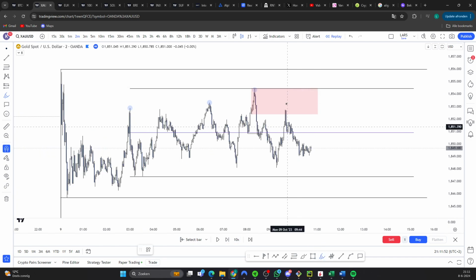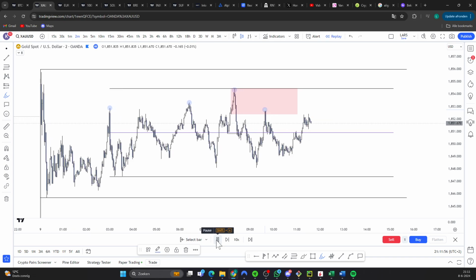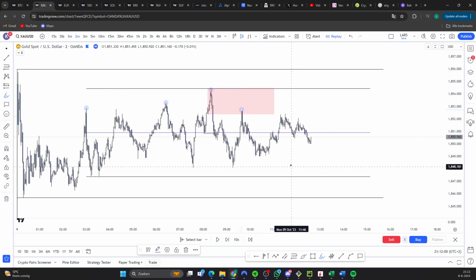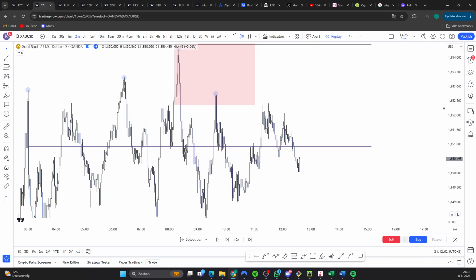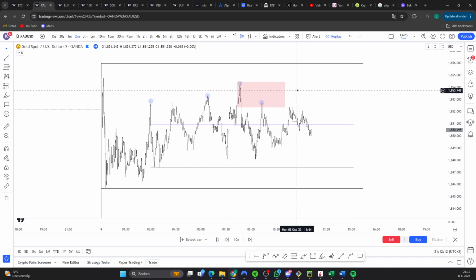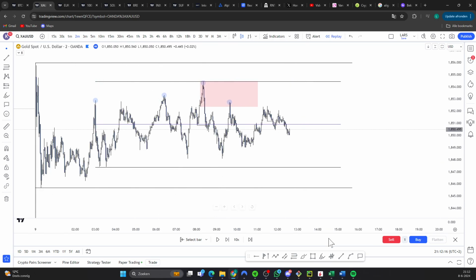It's looking like this is gonna be in distribution, but it's all internal and there's no confirmation. Oh. This looks like it's 1 minute structure. We are leaving liquidity here.